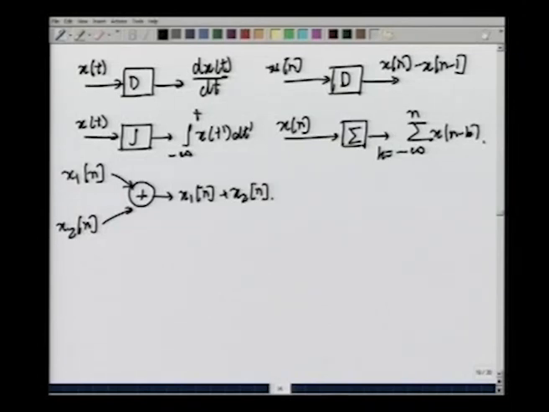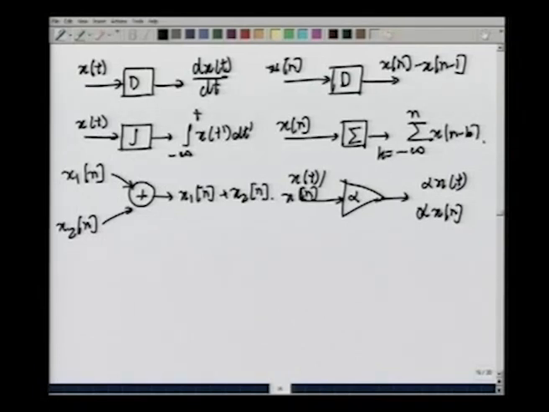We could also have a special block for a system which merely multiplies by a scalar constant. We call that an amplifier in conventional electrical engineering. So, we could have an amplifier which takes a sequence x(t) or x[n] as the input, depending upon whether it is discrete or continuous, and produces as the output, let us say if this has a gain of alpha, alpha x(t) or alpha x[n].